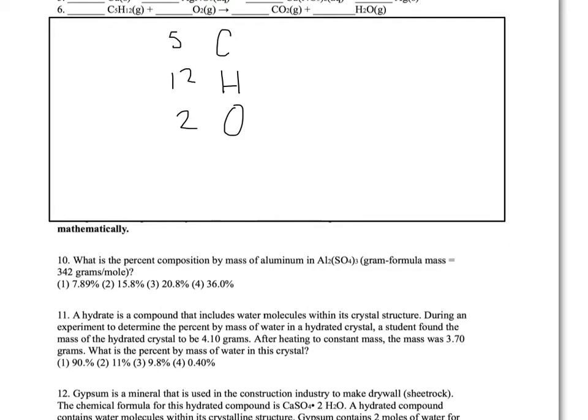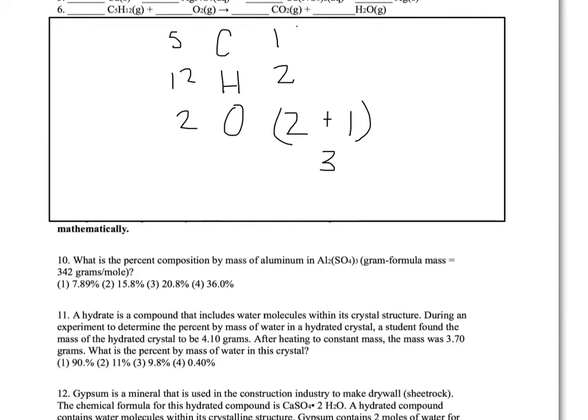Well, on the product side, we have 1 carbon, and then we have 2 oxygens in the carbon dioxide. We have 2 hydrogens, and then we have another oxygen from the water. So this means that currently we have 3 oxygens.